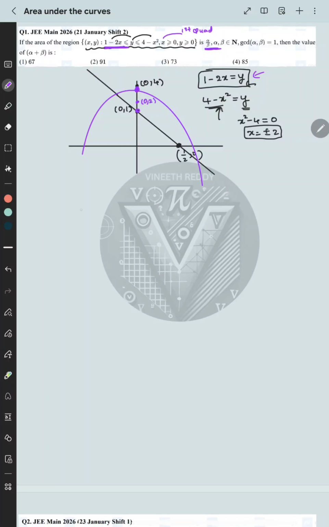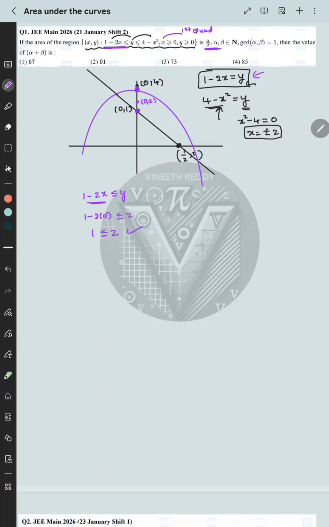Now we take the straight line as 1 minus 2x is less than or equal to y. Let us check whether 0, 2 lies in this region or not. Replace x with 0 and y with 2. So we get 1 less than or equal to 2, which is indeed correct, right? That means the area is above the straight line, not below the straight line.